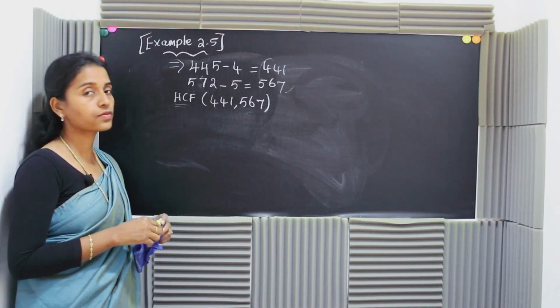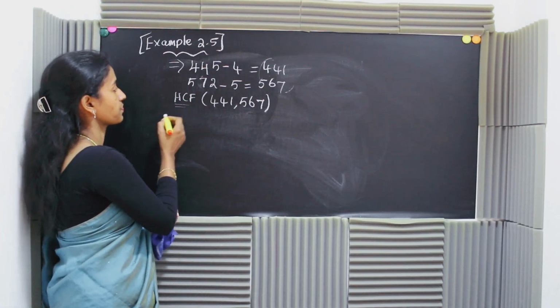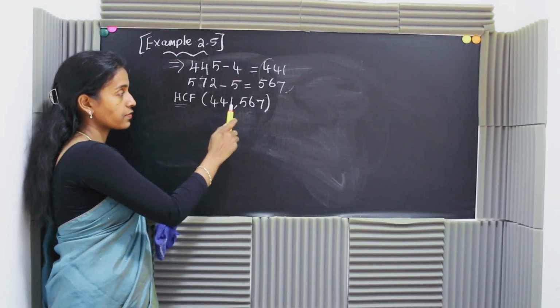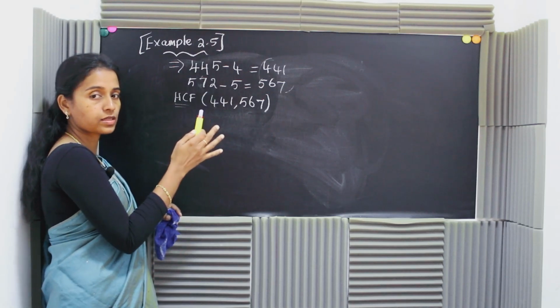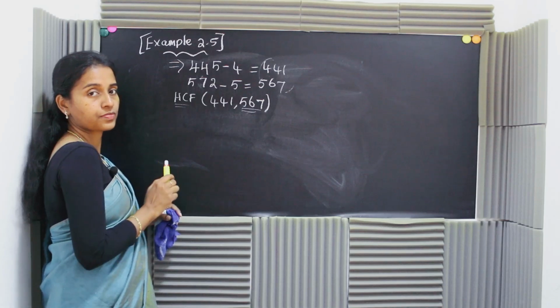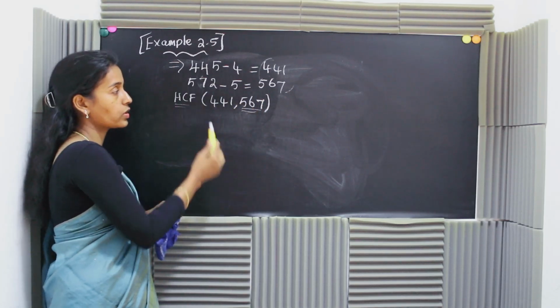Okay, now we can find out HCF. The first step is we should divide one number by another number. That is, we should take the big number first. We should divide the big number by the small number.